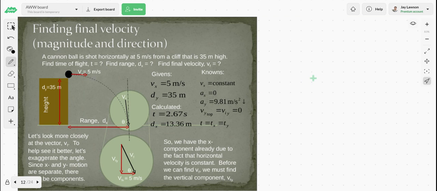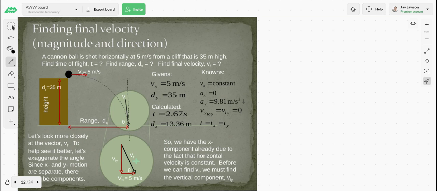Okay, this looks scary. That's okay. It's not that bad. All right, so let's go. It says, let's look more closely at the vector VF to help see it better. Okay, so we exaggerated the angle here. This circle is just blown up here.